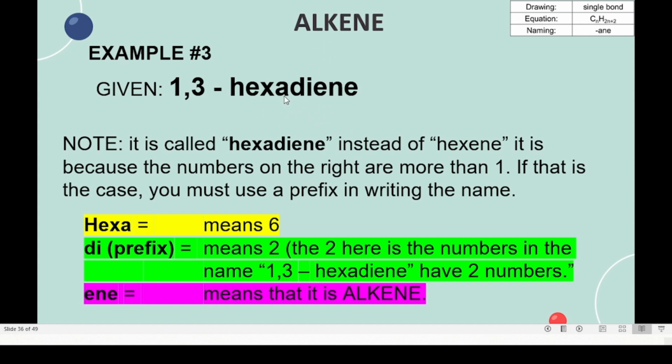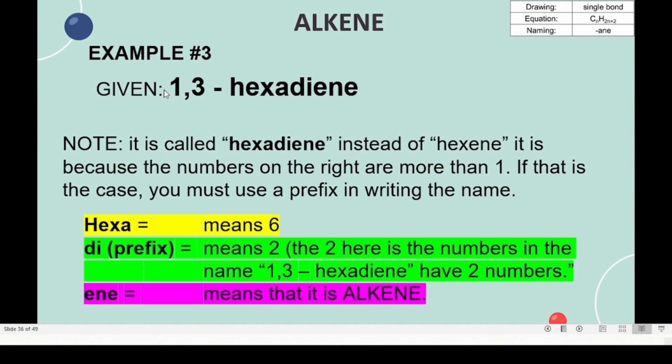Hexa means 6. Di means 2. So it has di because there are two numbers, and 2 is equivalent to di. And the E here indicates it is an alkene. It is called hexadiene instead of hexene because the numbers are more than 1, or to be specific, there are 2.